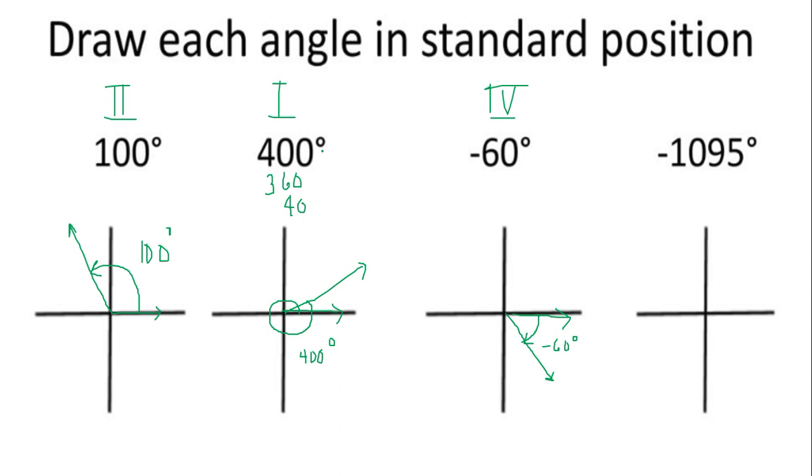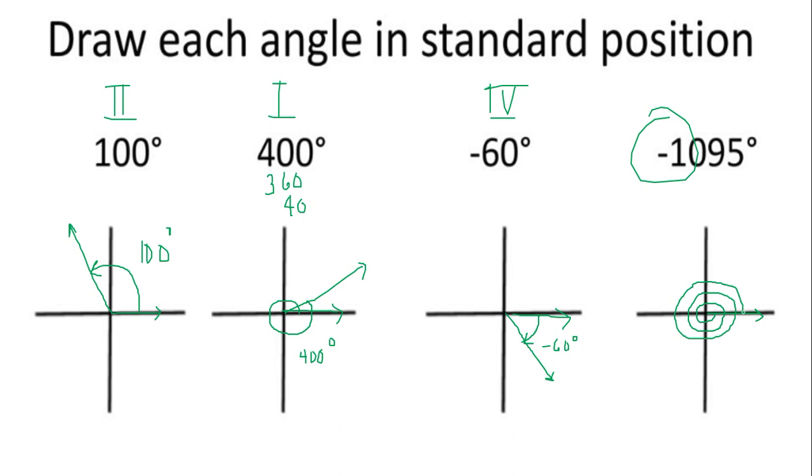So, magbilang tayo. 360. Start tayo sa initial side, clockwise kasi may sign tayo na negative. This is 1, 360. Another 360. Ilan na yon? 720. 720 plus 360, ilan na? 1080.